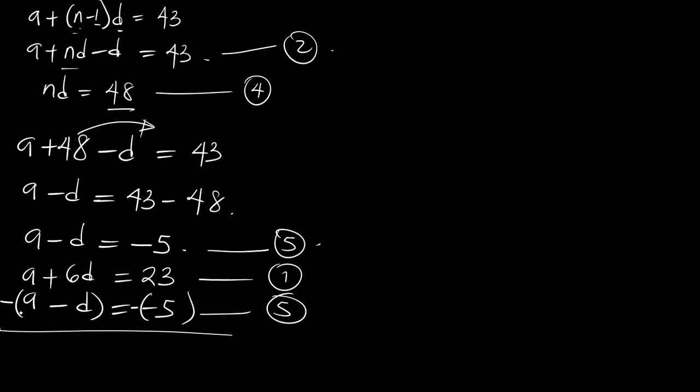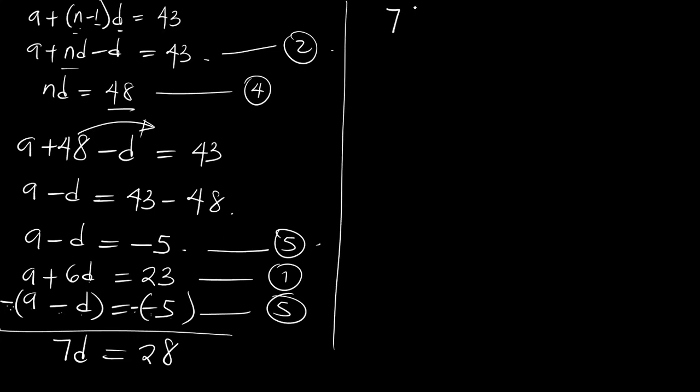So now a minus a will give you 0. 6d minus d will give you 7d, because minus times minus will give you plus. So 6d plus d will give you 7d. Now we have 23 minus times minus 5. 23 minus 5 will give you 28. So we have gotten 7d is equal to 28.